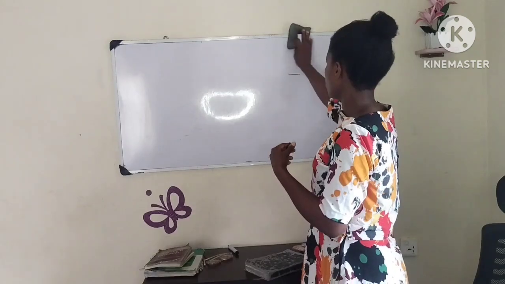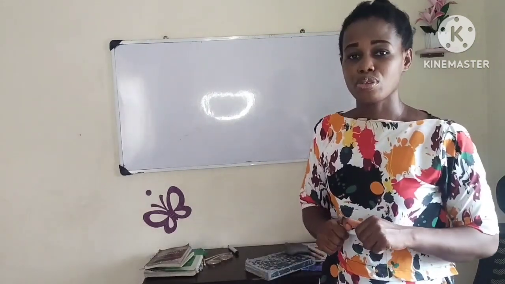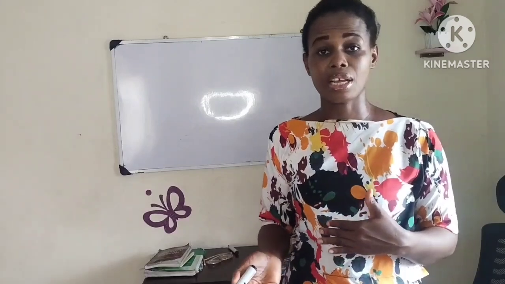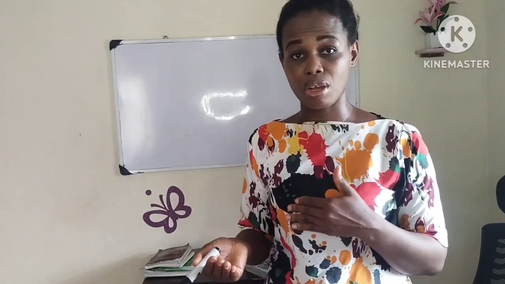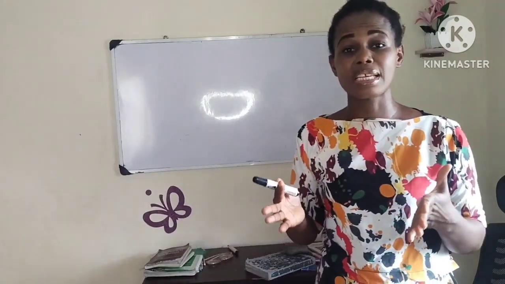Before we start writing the address, I want you to bear in mind that WAEC expects you to write your address in 2 or 3 lines. Now, if the letter is going outside the country, you have to include Nigeria. If the letter is within Nigeria, you stop your address at your state, the state where you are writing from.